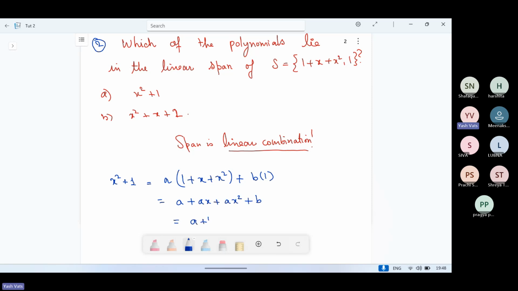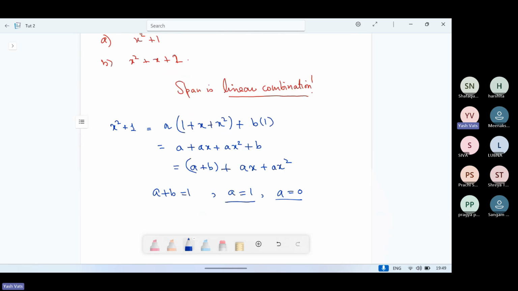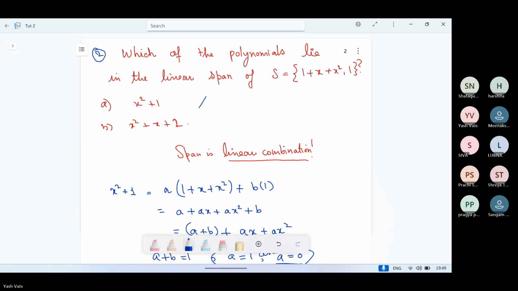Then you get a plus b plus ax square. That implies that a plus b is 1, a is 1, and a is 0 because the coefficient of x is 0. So it's a contradiction. a is 0 and a is 1. How is it possible, right? So the first one is wrong. Is it clear?